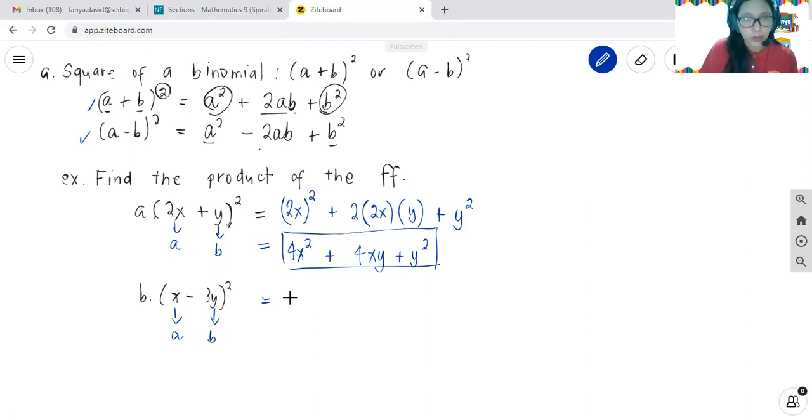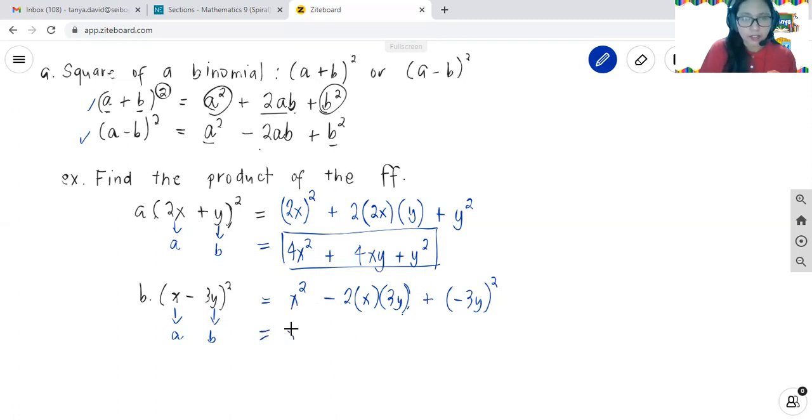So again, you will square the first term, so x squared minus 2 times x times 3y. I will no longer write negative in 3y because I already put the negative sign here. Okay? Plus negative 3y squared. So I wrote here negative 3y because I placed positive here.